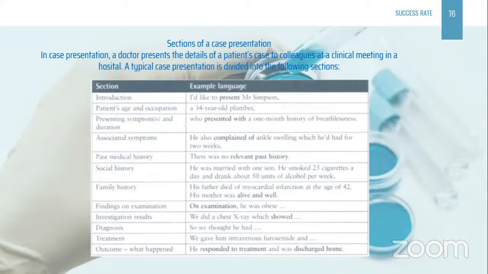As you can see, this is a case presentation. Maybe you can have another way to say it or to start from another part, or maybe you can add something that is missing here in your experience.